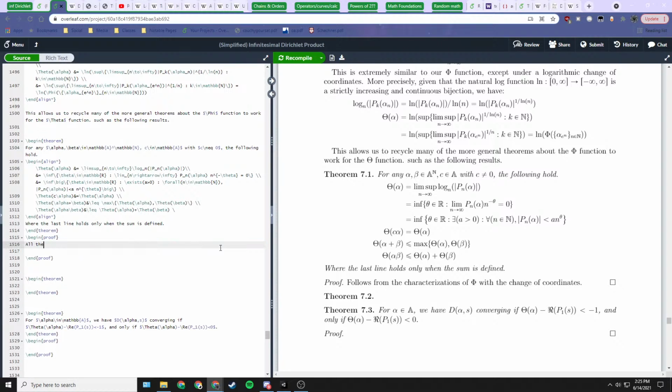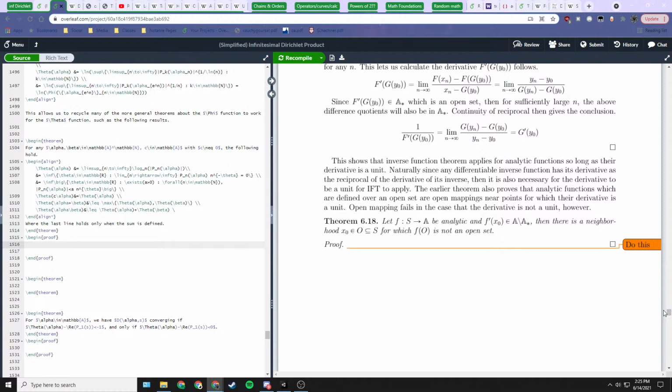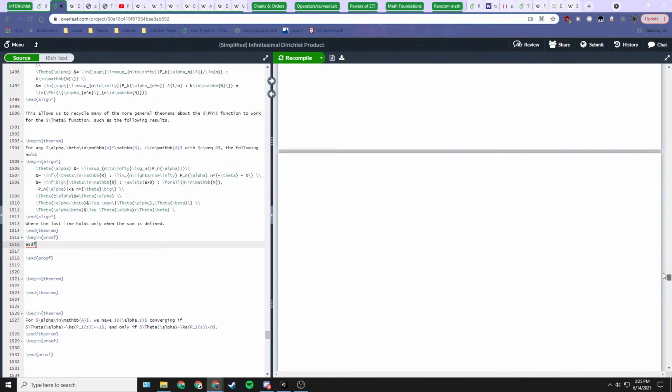Actually, we could just name these theorems.